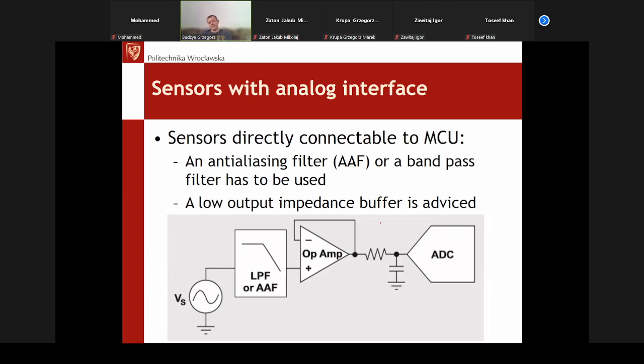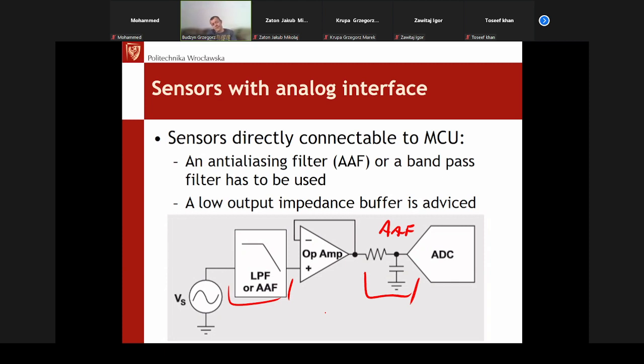The anti-alias filter is necessary, it's really a must. It can even be two-stage, because on this slide there are two stages of the filter.